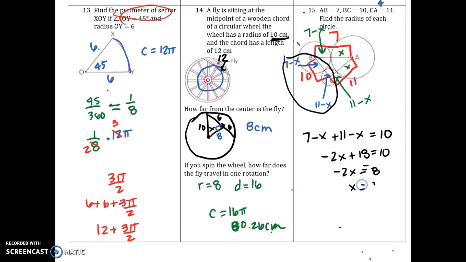So x equals 4. That's one radius. The other radius is 11 minus 4, which is 7. And then the other radius is 7 minus 4, which is 3.